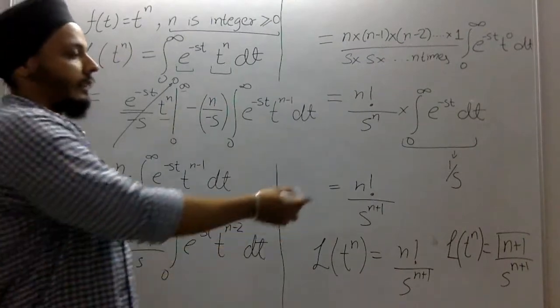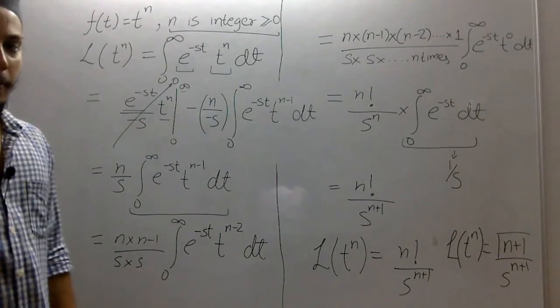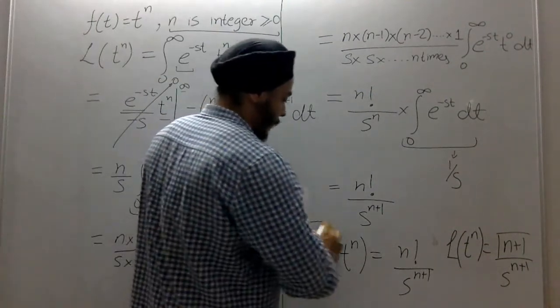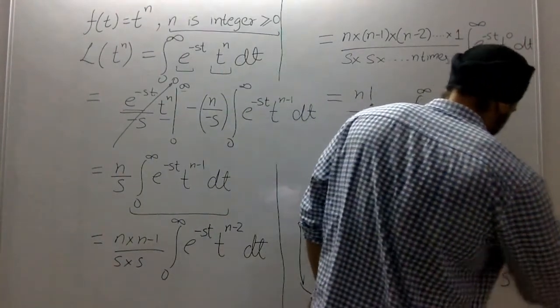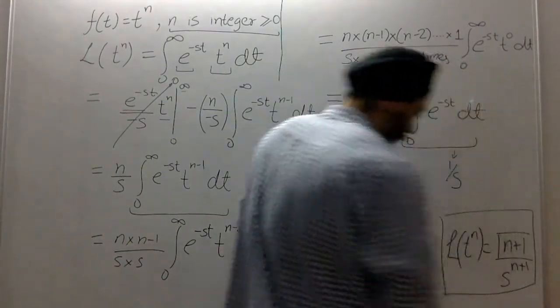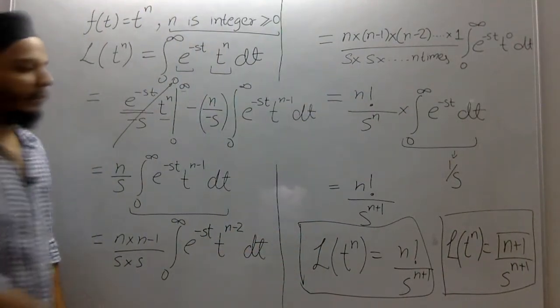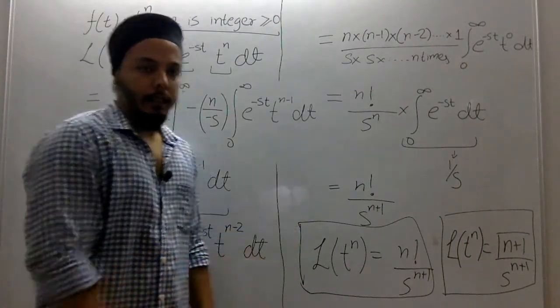If n is an integer, gamma of n plus 1 becomes n factorial. These two are important formulas. Please remember this and the inverse transformation. So Laplace inverse of 1 over s to the power n plus 1 will be t to the power n by n factorial.